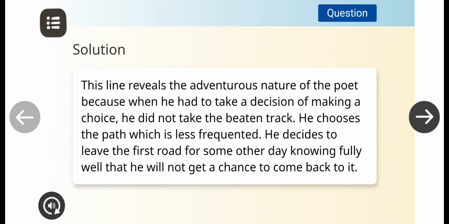And in the answer, he reveals that he has taken this decision because the second path is less traveled by, and he also decides that he will be taking the first road some other day, but in his heart he knows that he will not get a chance to do so.